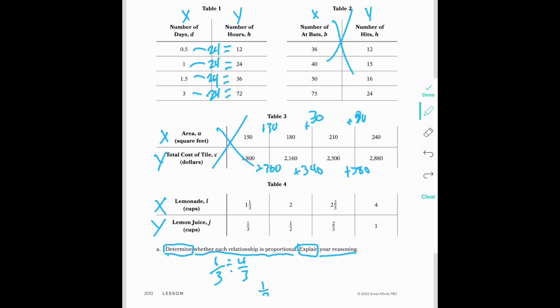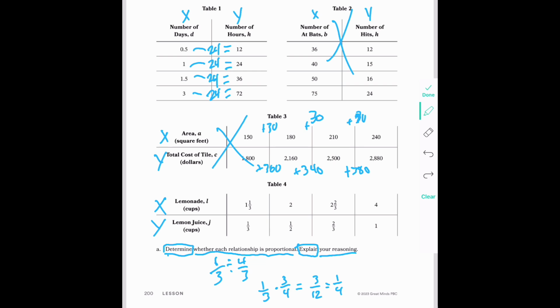So that'd be 1/3 times 3 over 4, which would equal 3 over 12, which can reduce into 1/4. Okay, so I got 1/4. If I wanted to test this out to see if this was the constant without having to divide again, which I probably am going to use since we would be dividing fractions, right?